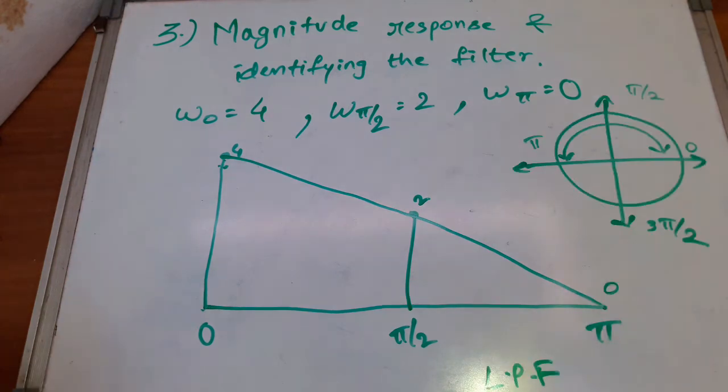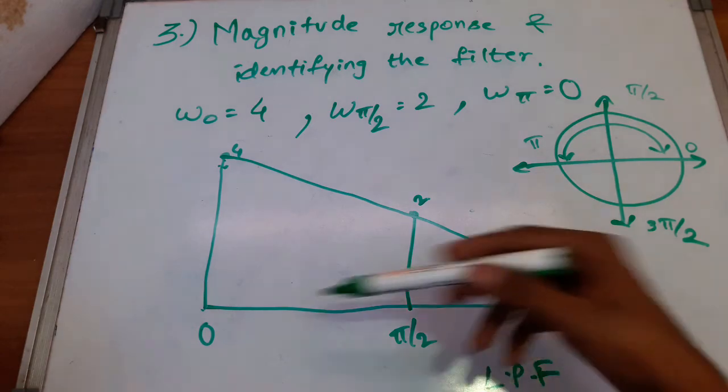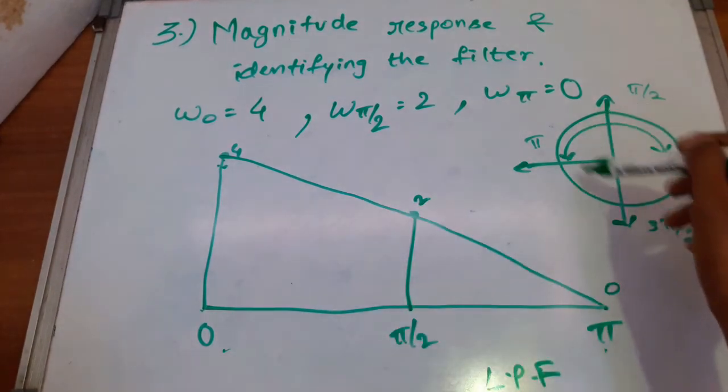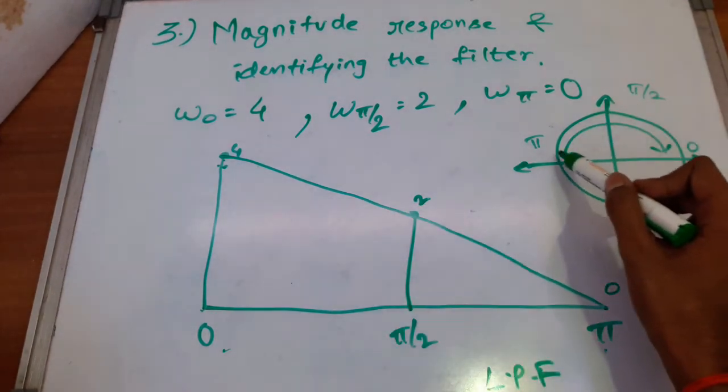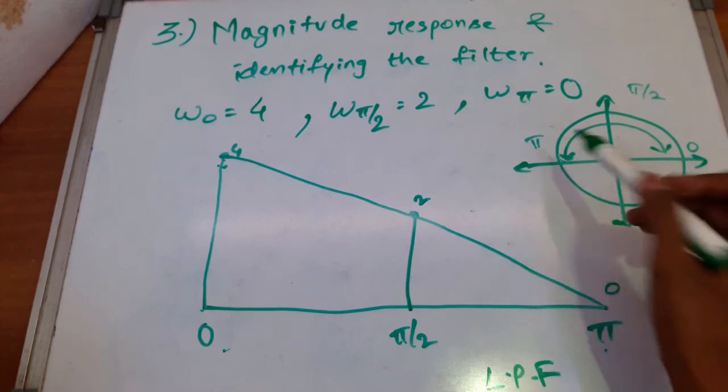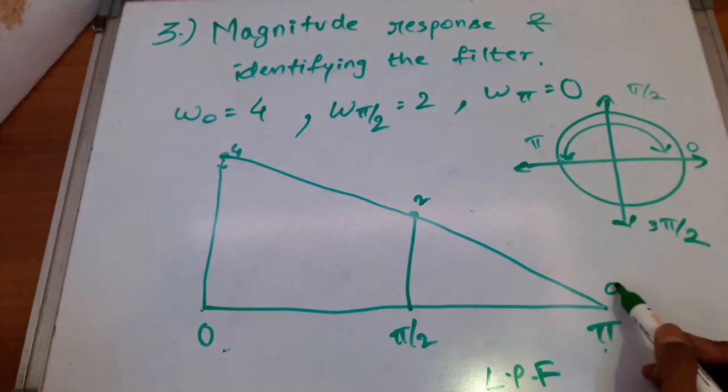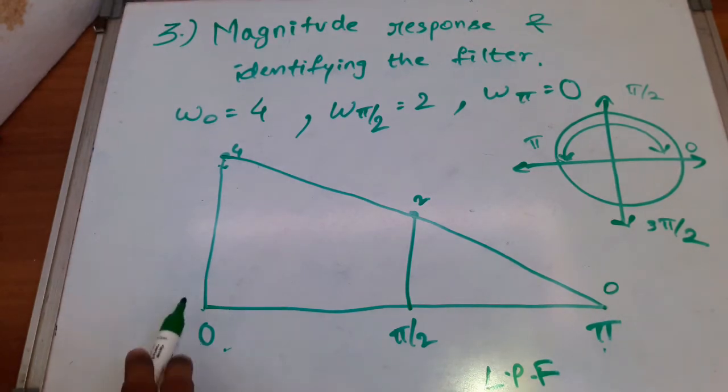So we get a straight line like this. To identify which filter we are using, we have to observe the value at pi and 0. As you can see in the plot, the maximum value is at 0. So the value at pi is 0, that means it is the least, and the value at 0 is highest. That signifies that this is a low pass filter.